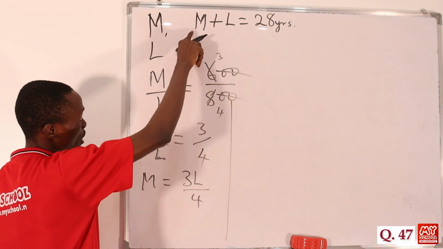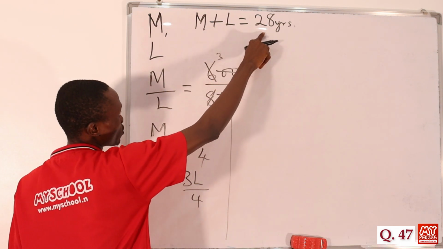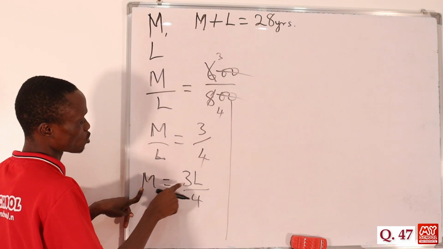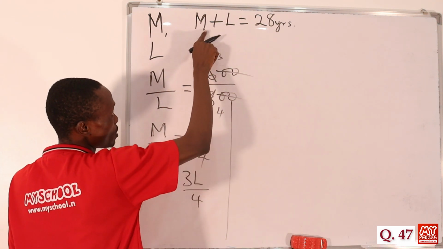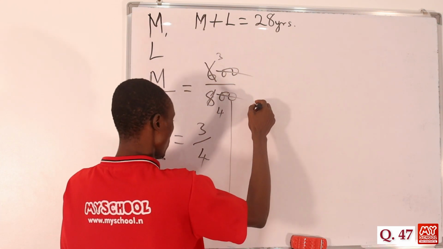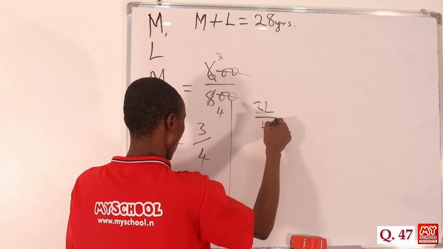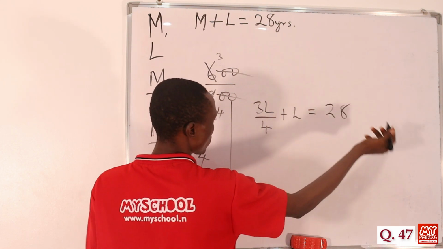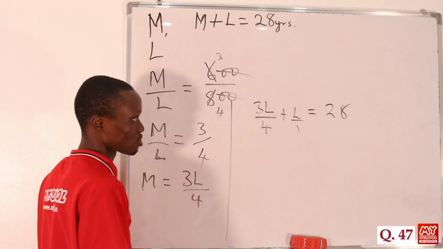Now remember that we are told that the sum of their ages is equal to 28 years. Since M is equal to 3L over 4, anywhere we see M here, we replace it with 3L over 4. So that we'll be having 3L over 4, then plus L is equal to 28. This L is also over 1, it doesn't change anything.